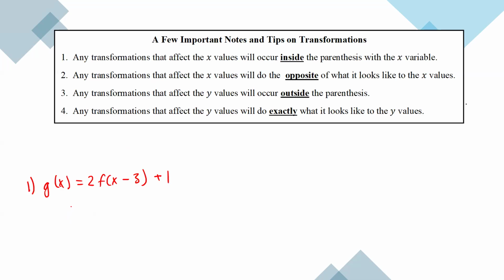There we go. So we have translated up 1. Then what else? Horizontal translation. We went right 3. And then what else happened? We don't say stretch. There we go. Vertical or horizontal? Vertical. But 2. Yes. All right, now we have a number 1.